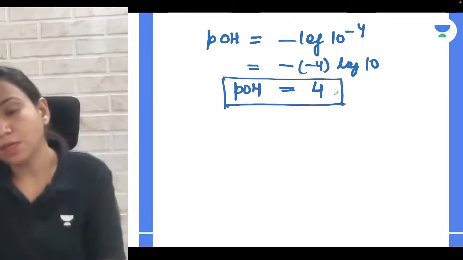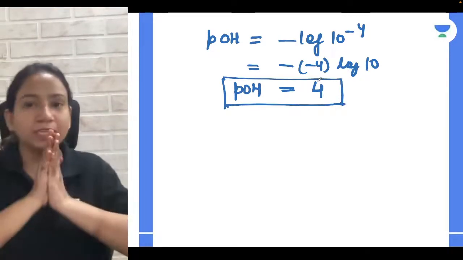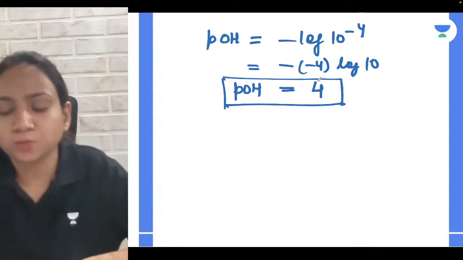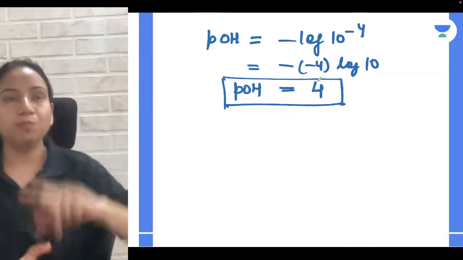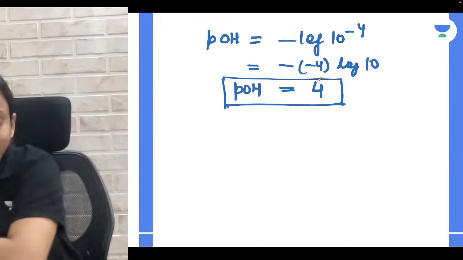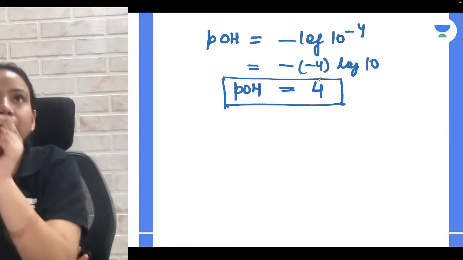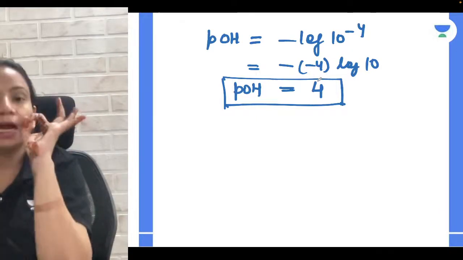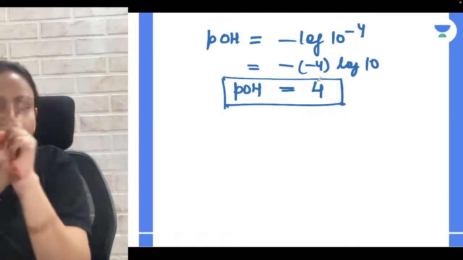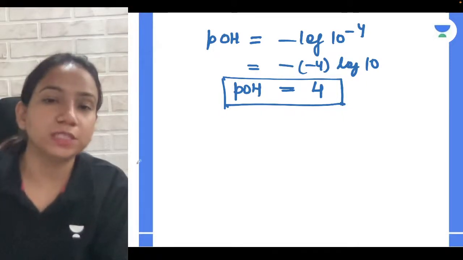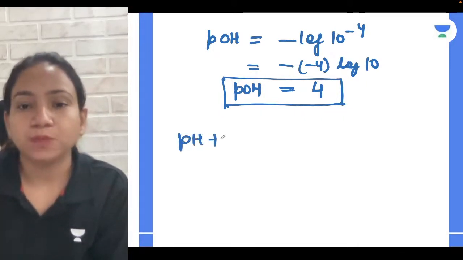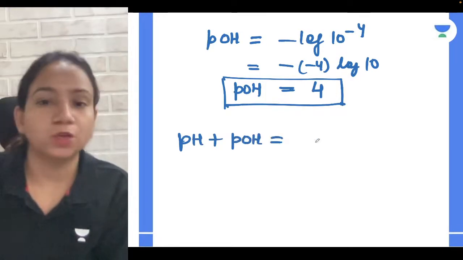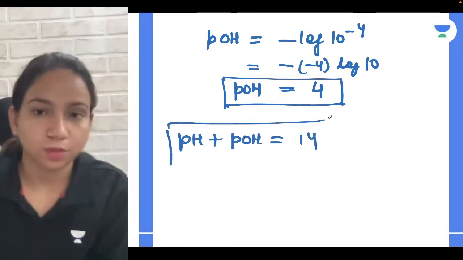But guys, tell me, for bases, we define pH as well, no? In the pH scale, we say bases have a pH more than 7. We say that or not? Very good. So remember, there is a relationship between pH and pOH, which is equal to 14.